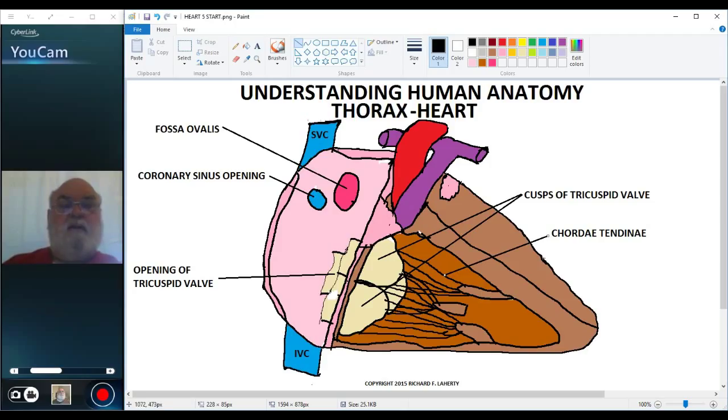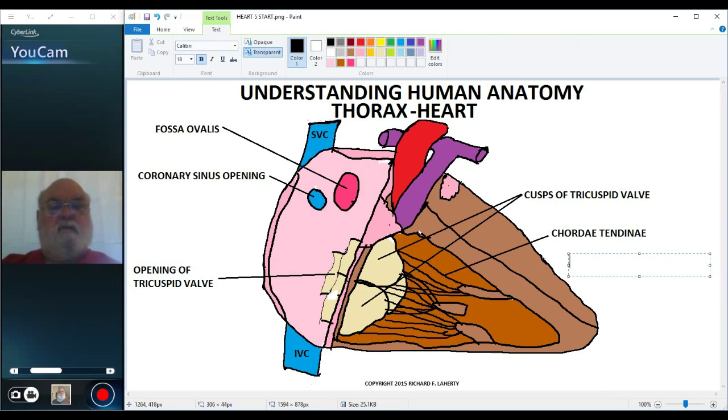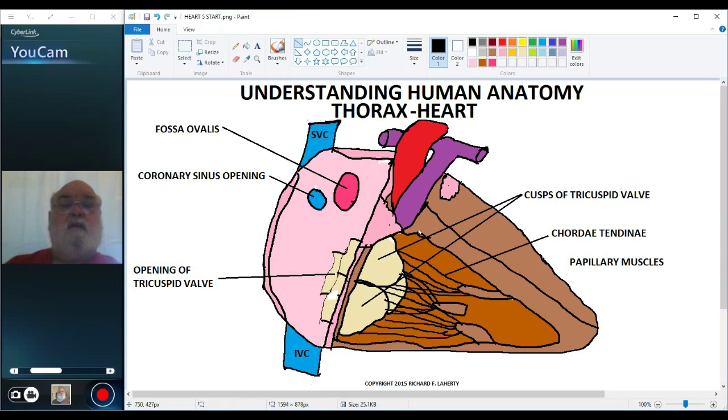And then we have the papillary muscles, and the papillary muscles are here.